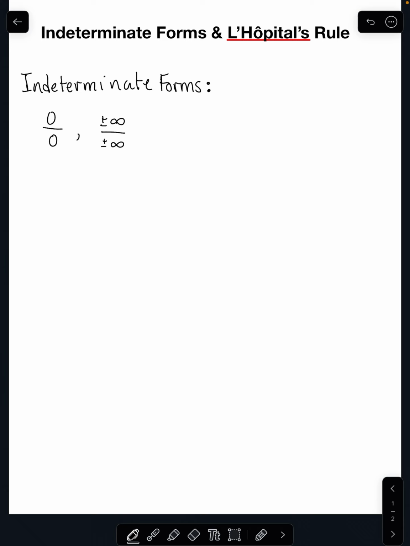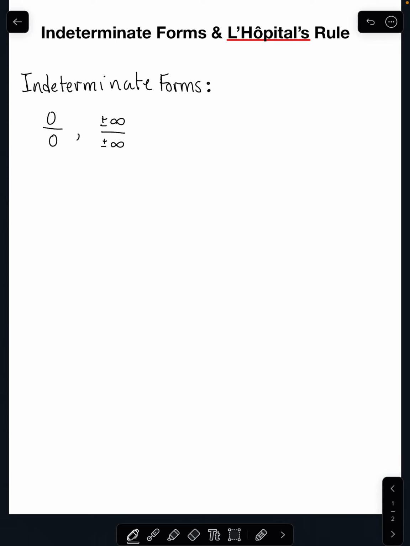Now, at the time, seeing infinity over infinity, a common thought might be, well, if you've got the same thing top and bottom, then it should be equal to 1. The problem is that infinity isn't something you can actually reach. So, interestingly enough, the numerator and the denominator may not actually be the same value.